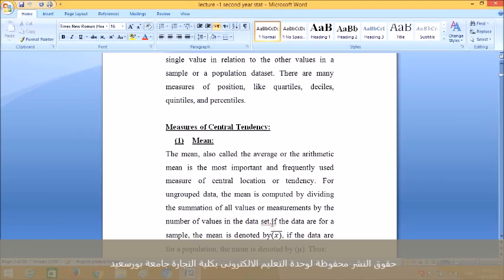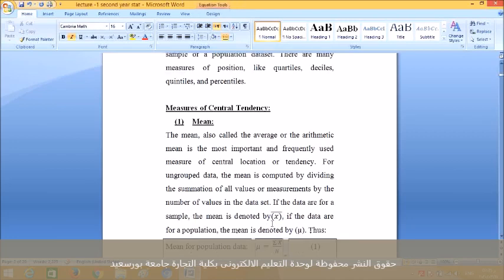Now we will explain how we can compute the mean for sample data and population data. The mean for sample data is denoted by X bar, like this. If the data are for a population, the mean is denoted by mu.